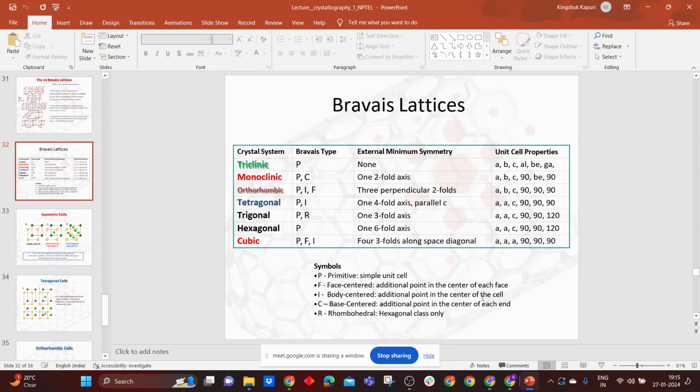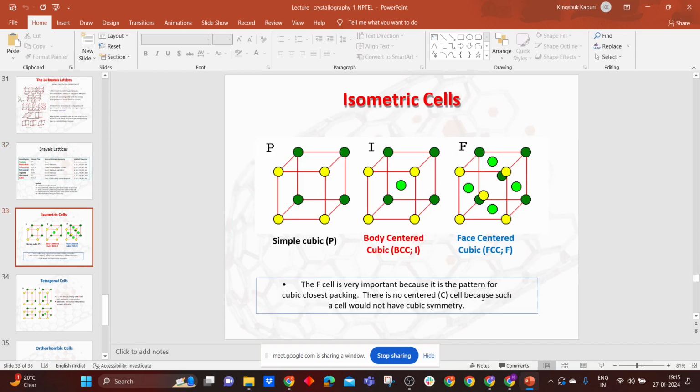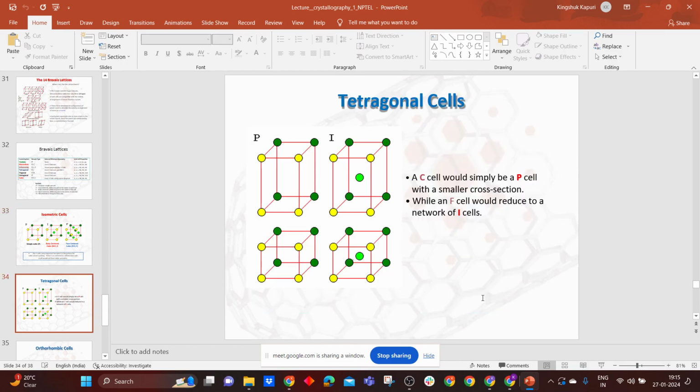The face centered is also a cube, but the difference is that on each of the cubic faces there is one atom, and with 6 faces, 6 atoms will be there. And the body centered is a combination of a simple cubic with an extra nucleus at the center of that cell. So these are the fundamental concepts which you all know.